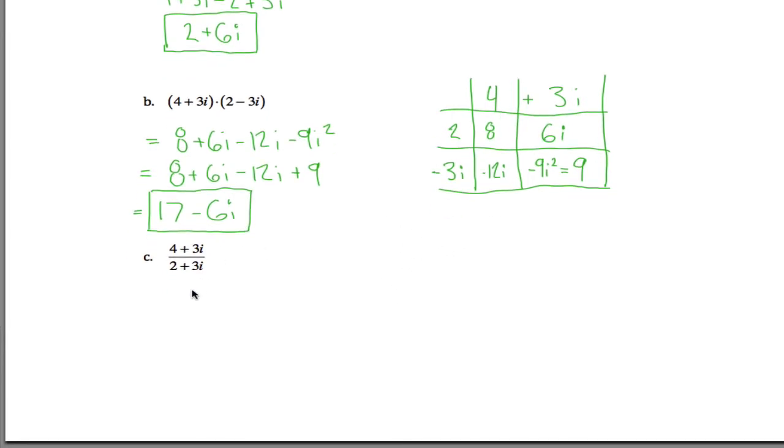All right, now we're dividing here. The way you divide complex numbers is you multiply the numerator and the denominator by the complex conjugate of the denominator. Sounds worse than it is. Really all we're doing is multiplying this fraction, the top and the bottom, by 2 minus 3i. Because we have 2 plus 3i here, we'll do 2 minus 3i.